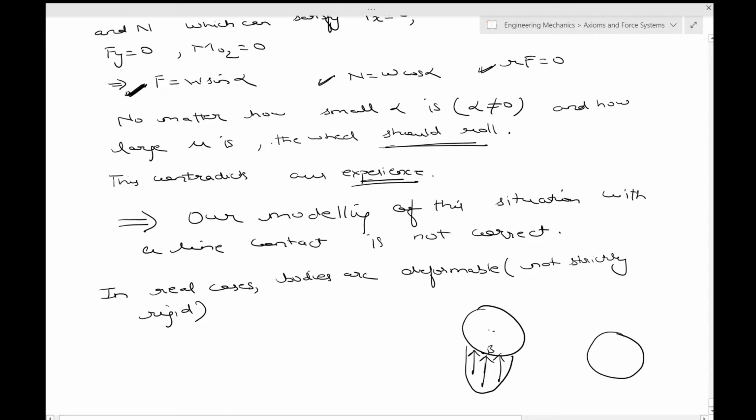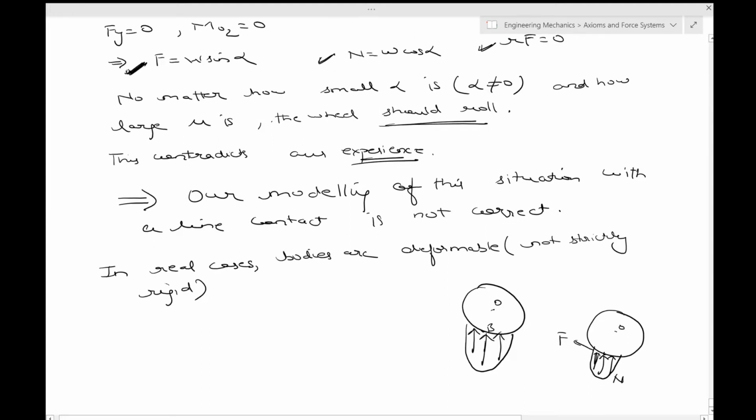This is point B, this is O. Now this can be seen as a normal force and then a frictional force. So this normal force has a distribution like this, and the friction force is shown.